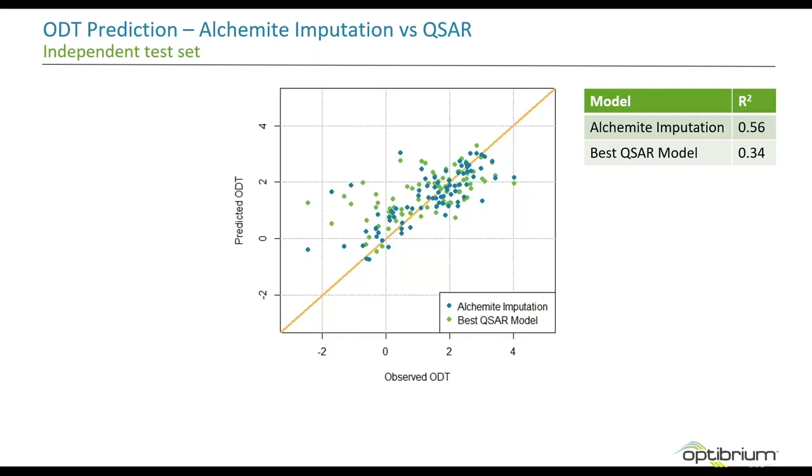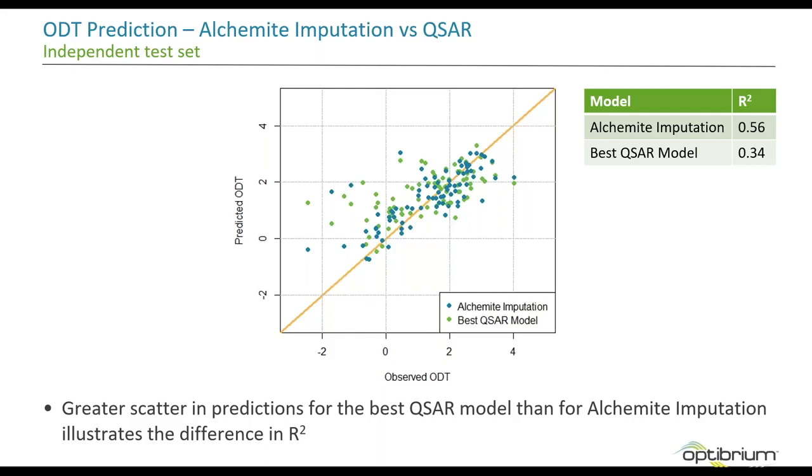Here we are comparing in the scatter plot the predicted values for the ODT versus the observed values, comparing the outcome imputation with the best QSAR model, where we see a substantial improvement in the R-squared, and also we see how the points predicted by the best QSAR model are scattered in comparison to the points predicted by the Alchemite imputation method, and that illustrates the higher R-squared estimate.